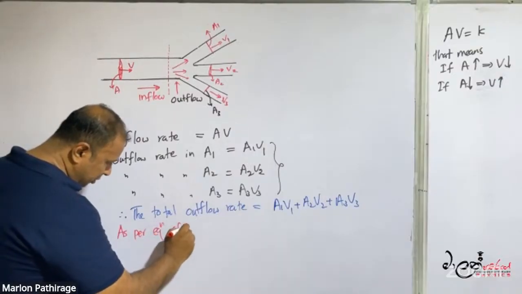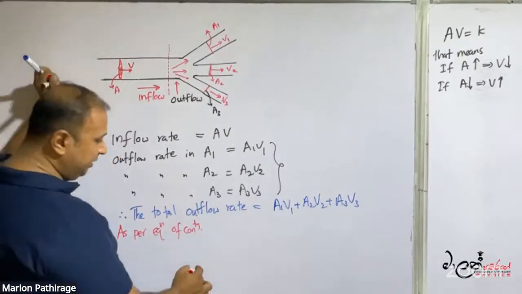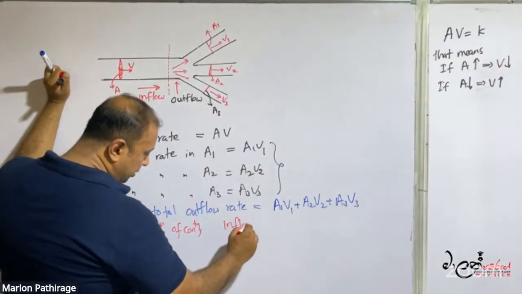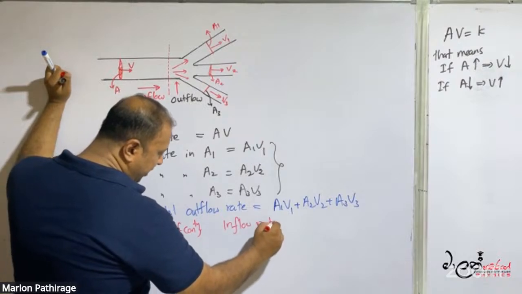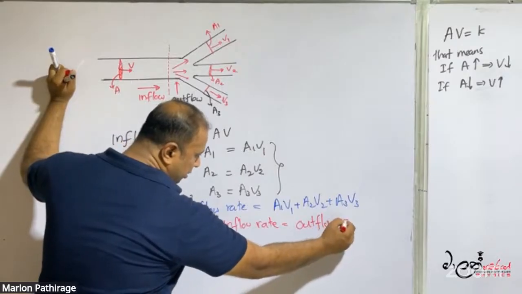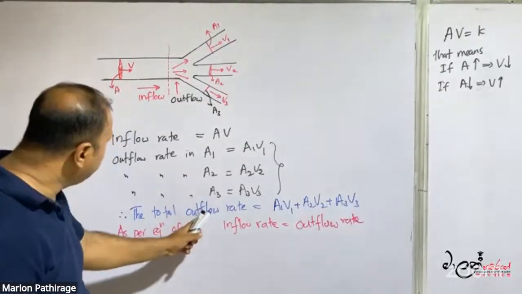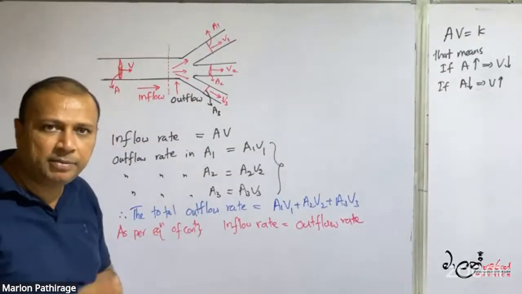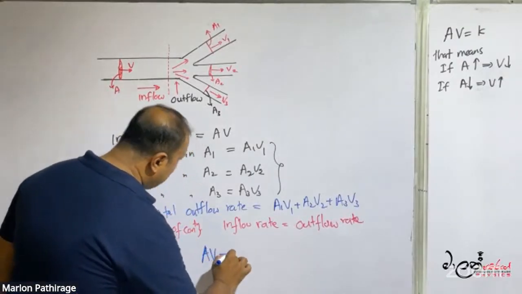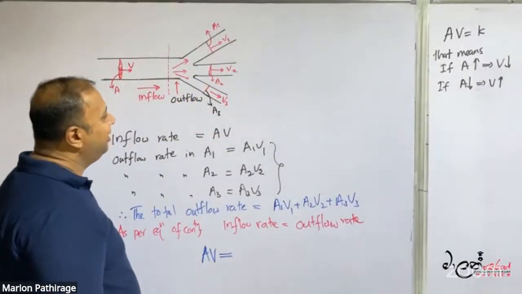So inflow rate means the AV product. The AV product is split into A1 V1, A2 V2, A3 V3.